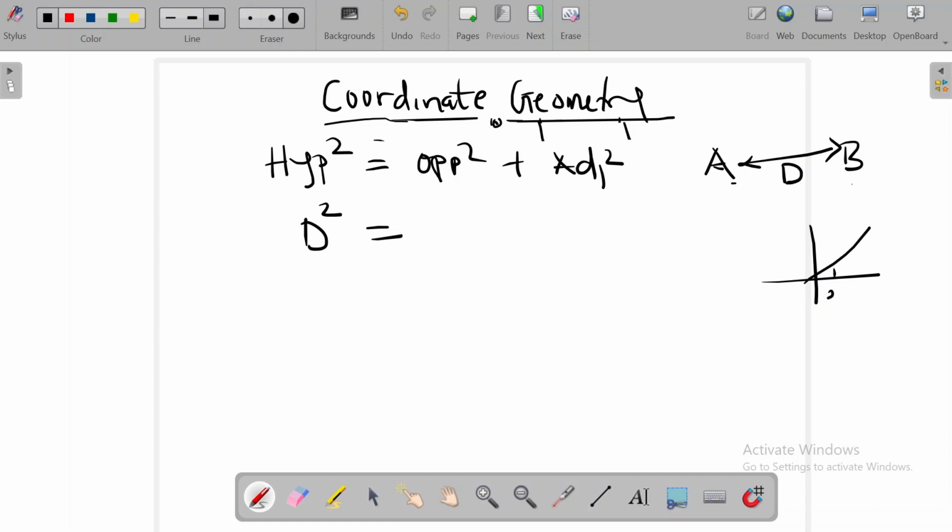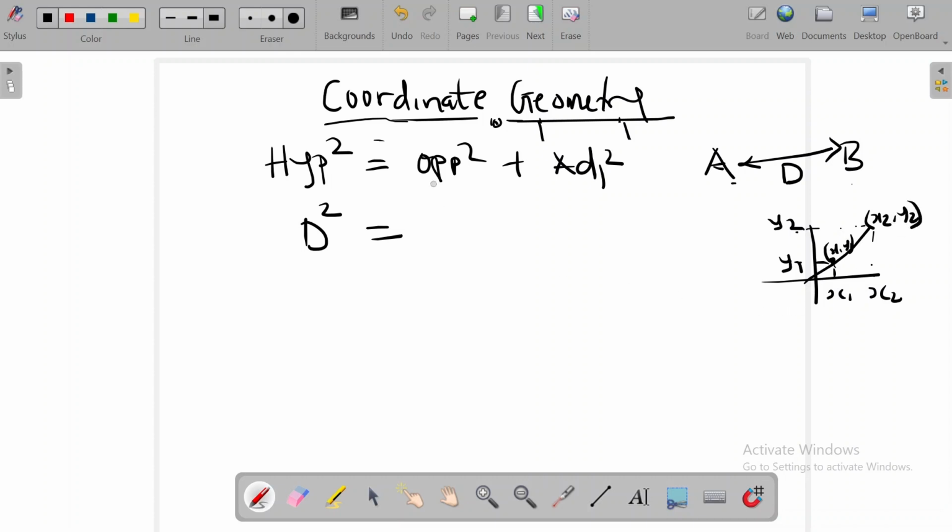So if this is x1, x2, this will be y1, and this will be y2, because this connects to give us a point, which is x1, y1, and this other point will be x2, y2.